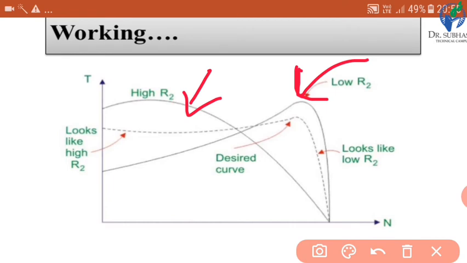And the dotted curve in the center is the desired curve, and we can make this desired curve in a double cage. It means up to this there is a high resistance, and after that it looks like a low rotor resistance. So double cage rotor characteristics is somewhat like the dotted characteristics in the center, and it is the desired curve. So this is the difference in characteristics.